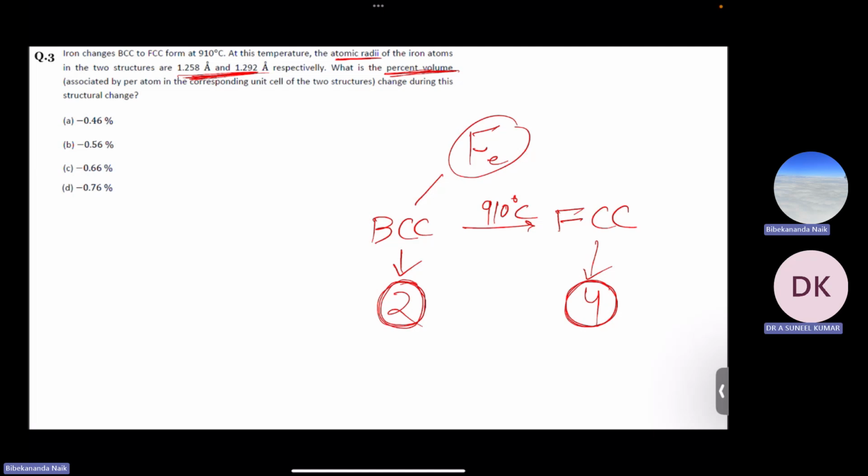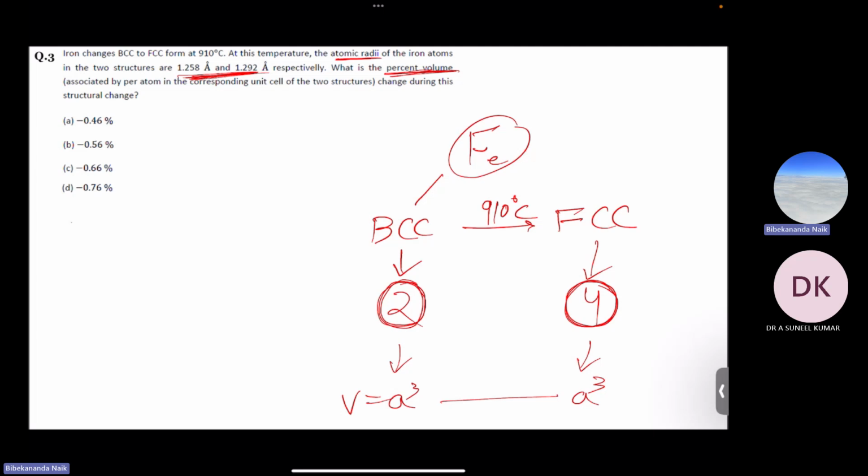The expression for volume will be the same. For BCC the volume is A cube, and for FCC the volume is also A cube. But here A will be different because R is different, and the relationship between lattice parameter and the radius of the atom is also different for body center cubic and face center cubic.